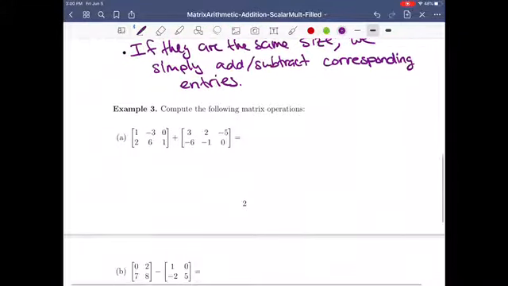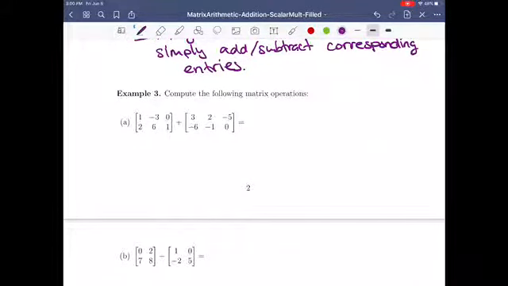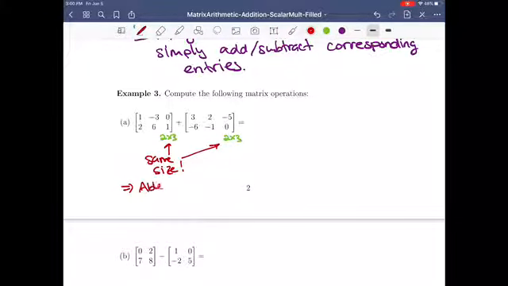So let's do a couple of examples. In this first one, I have a 2 by 3 matrix added to a 2 by 3 matrix. They're the same size, so that's good. We're able to add. And when we add them, we're just going to add corresponding entries.